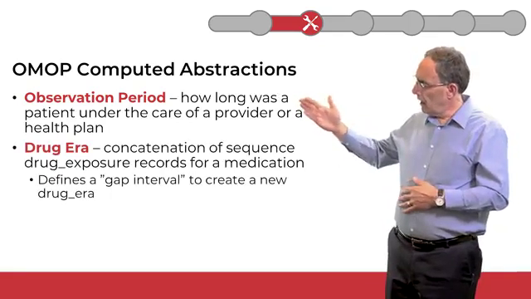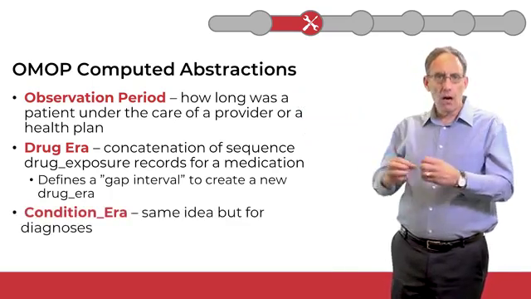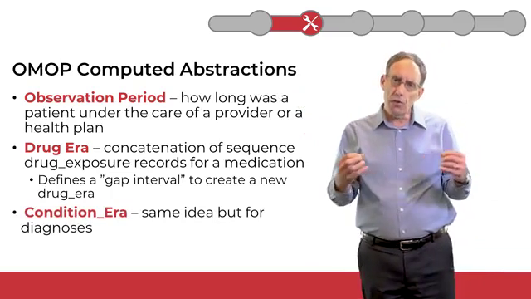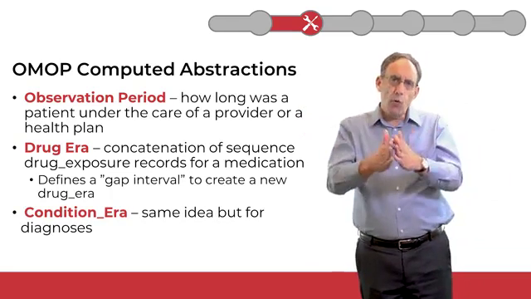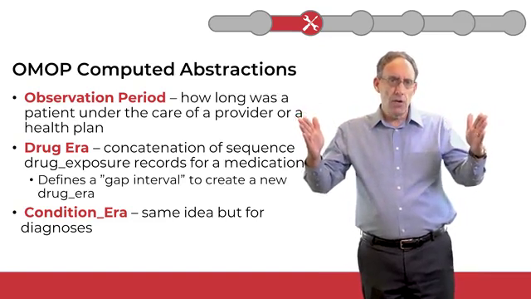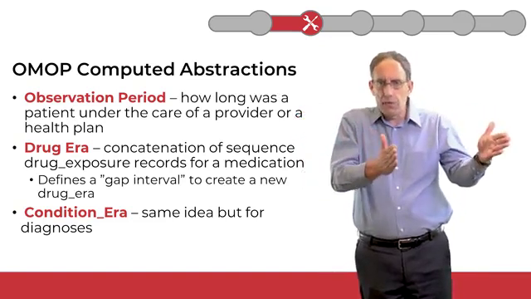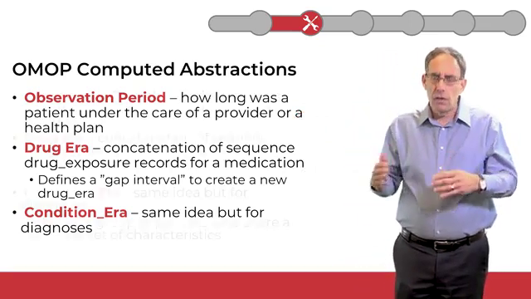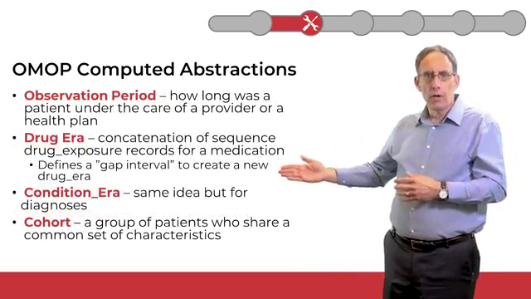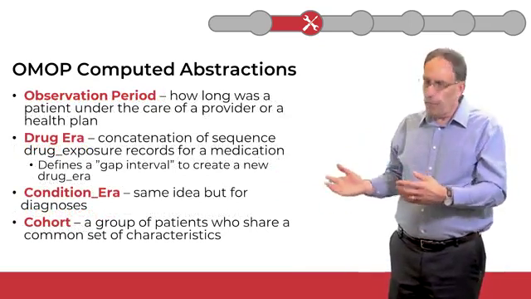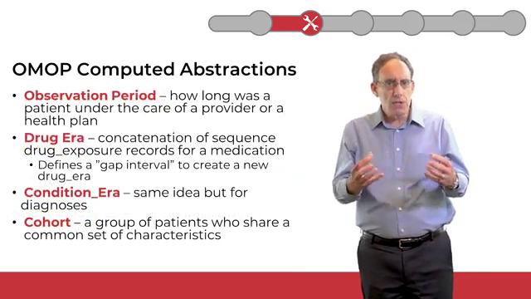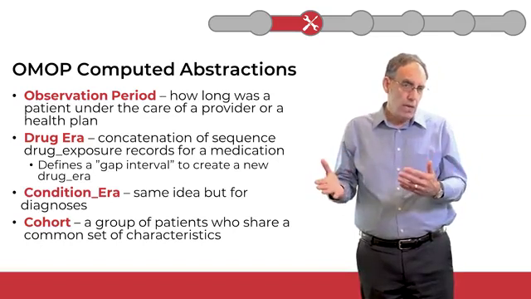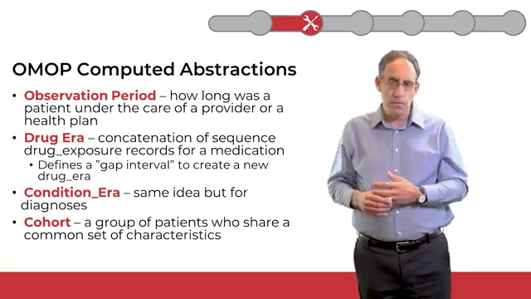Drug eras and condition eras are a successive sequence of drug exposure events or condition occurring events, respectively, that form longer temporal intervals representing either the use of a specific medication or of a diagnosis or condition. Finally, the cohort computed abstraction is a set of patients that share a common set of characteristics, such as a common set of diagnoses or medications or procedures.